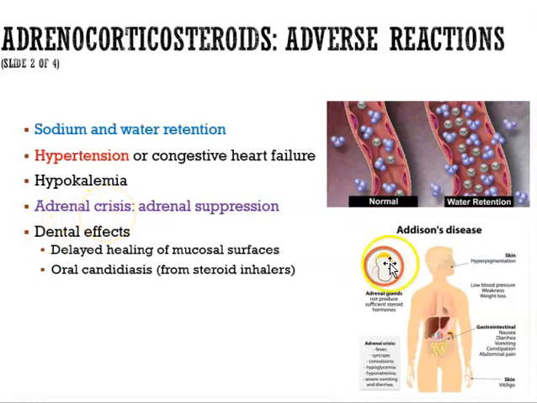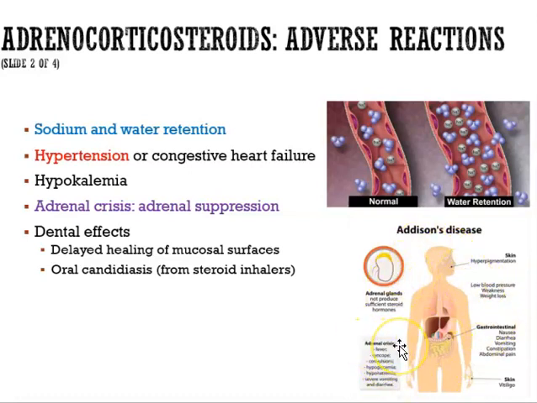Adrenal crisis, also known as Addison's disease, can happen when we have adrenal suppression. So what does this mean? Remember, on top of the kidneys we have the adrenal glands. When they don't produce enough cortisol, enough steroids, if we don't get enough hormones being released, we can get all these symptoms over here.